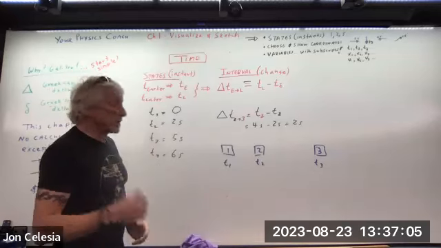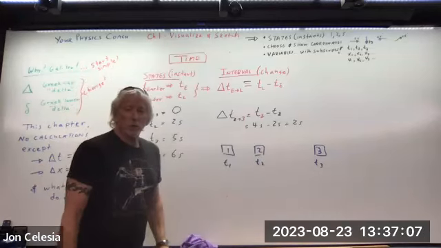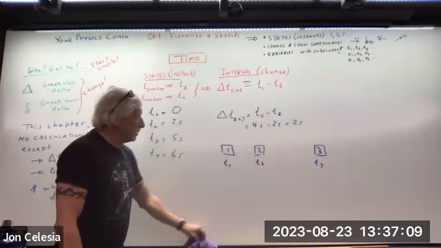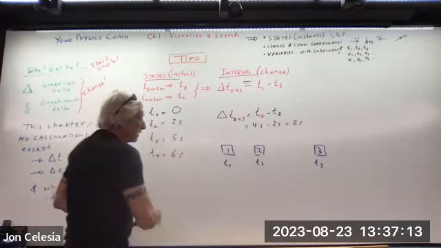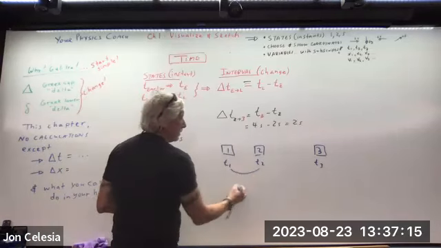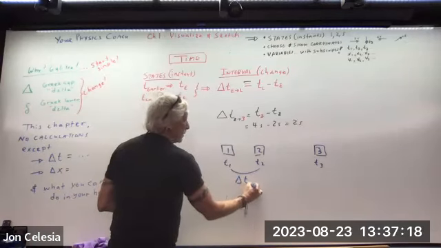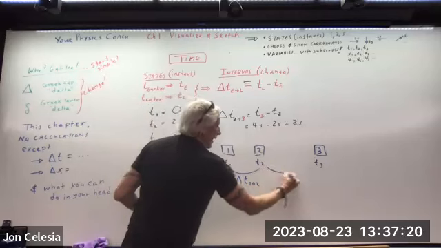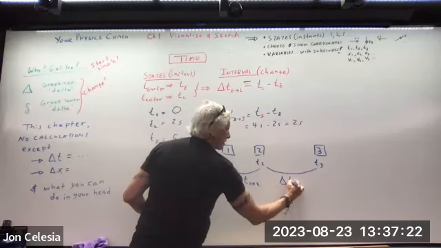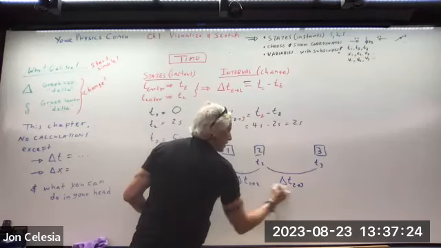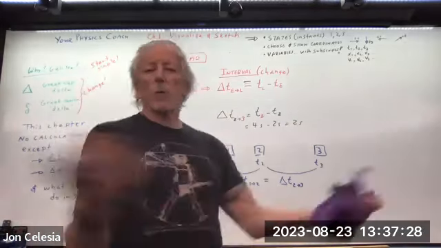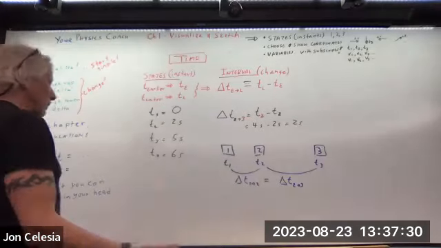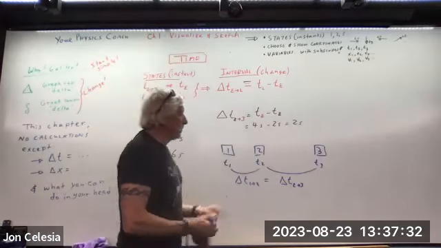Sometimes a strobe is nice for the following reason. If you tell me that there's an equal amount of time from here to here, delta t 1 to 2, and here, delta t 2 to 3, if I say that's the same amount of time, maybe 2 seconds or 1.93 seconds or whatever, that's the same time.